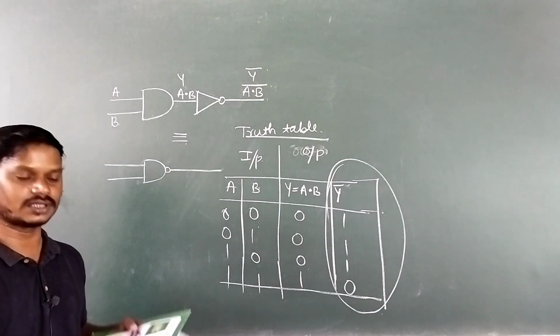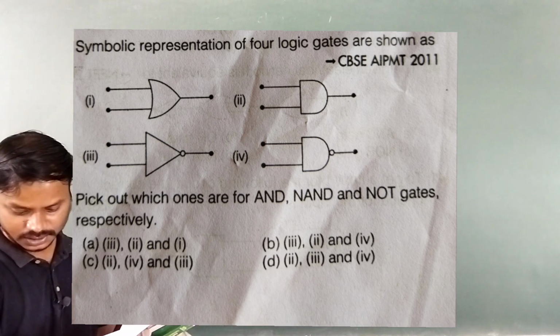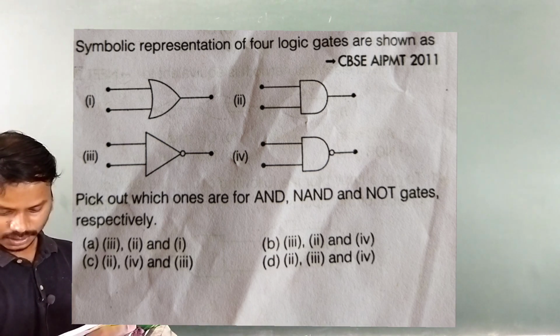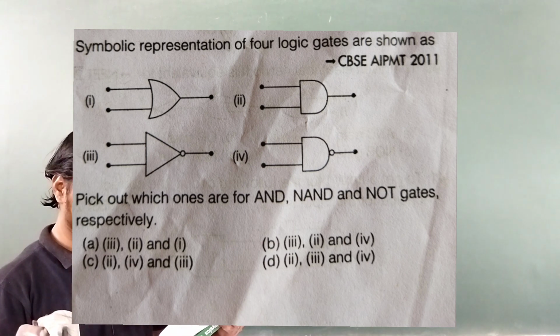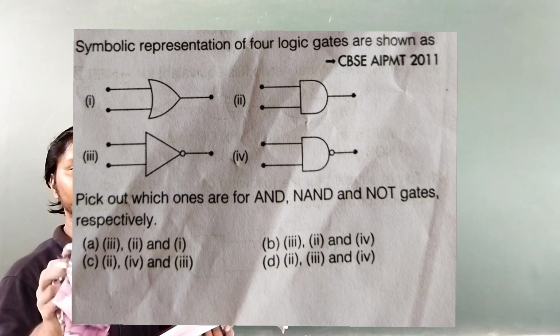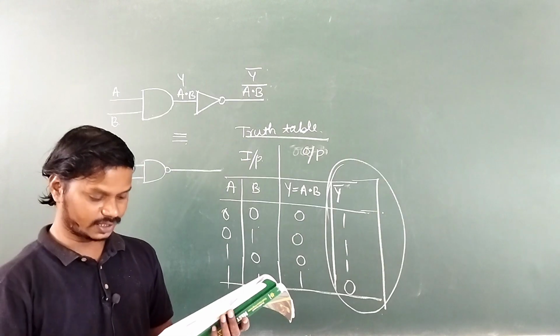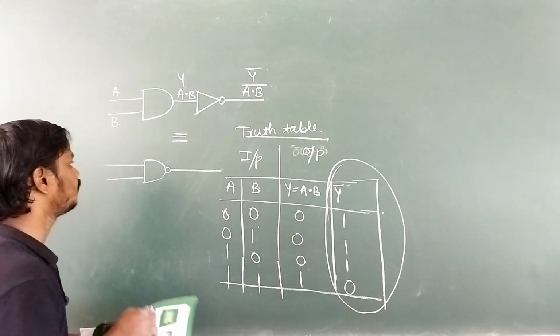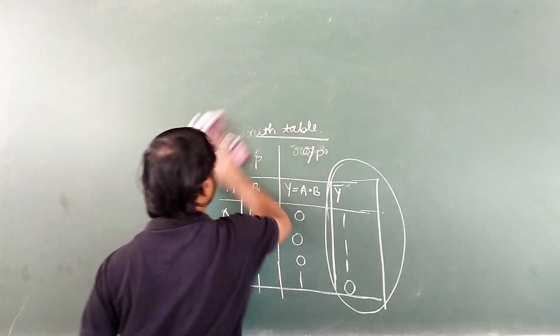So in the given question, the symbolic representations of 4 logic gates are shown. We have to identify the AND gate, NAND gate and NOT gate respectively. What we have to identify? AND gate, NAND gate, NOT gate, respectively, from the 4 gates given in the diagram.